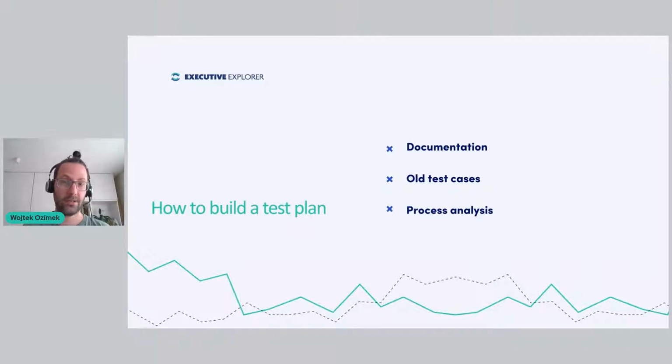If there is little or no documentation of test cases, you can also perform process analysis with business users, try to discover processes, and analyze on your own, document them, and build test cases and scripts for those processes.